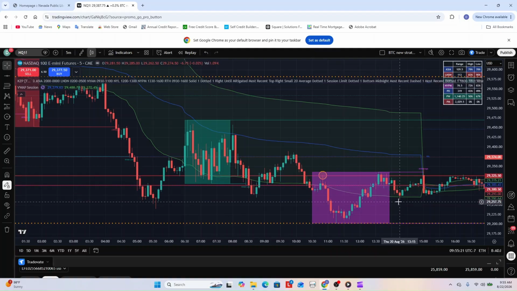Now here's the thing. I typically only trade this particular strategy during Asia session. And the reason why is because New York session is just too much volatility. To be able to take a trade like this, I could go into it with a micro contract, but I do trade minis.